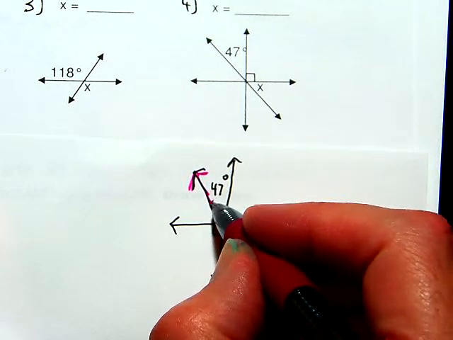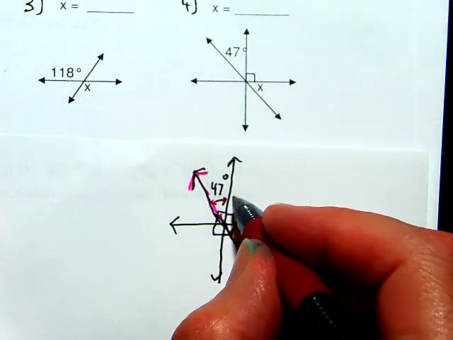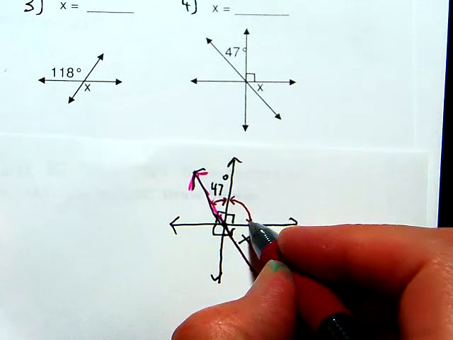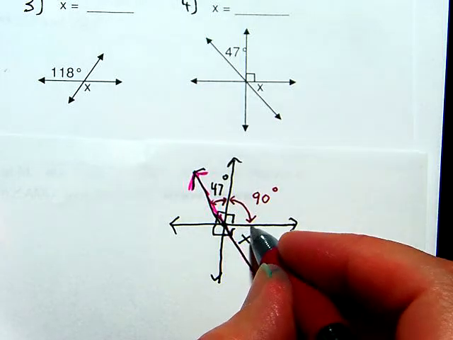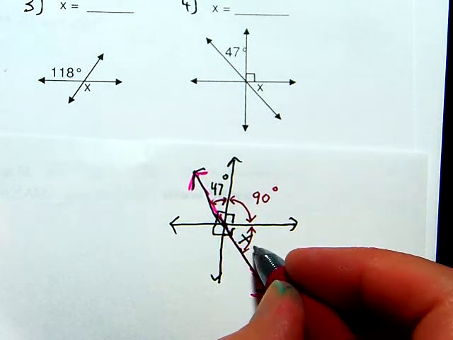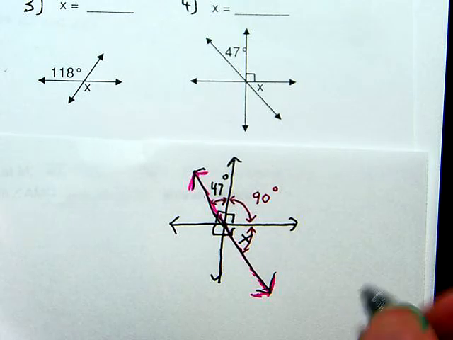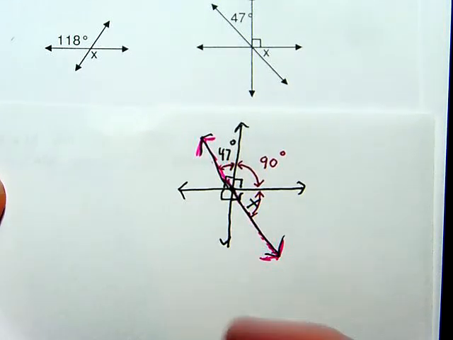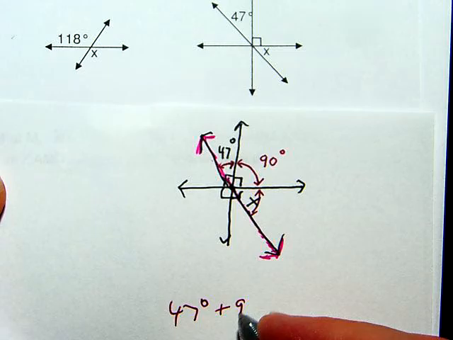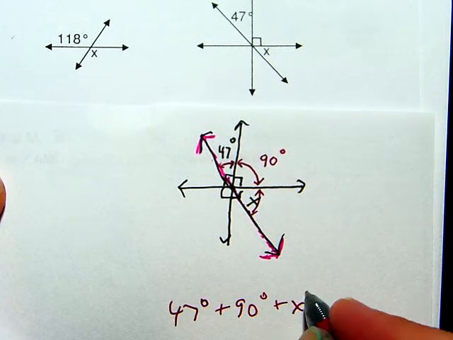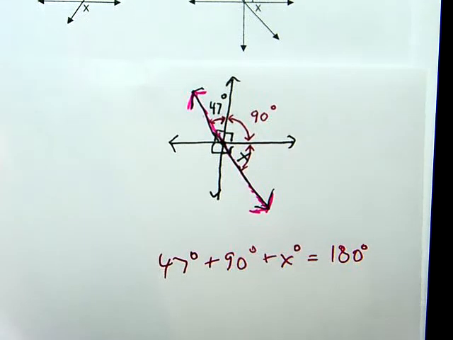If we add angle 47 plus adding this right angle, which we know is 90 degrees, plus adding this angle x, we end up with the straight angle. Okay, so let's go ahead and make an equation of that. 47 degrees plus 90 degrees plus x degrees is equal to 180 degrees because 180 is a straight angle.